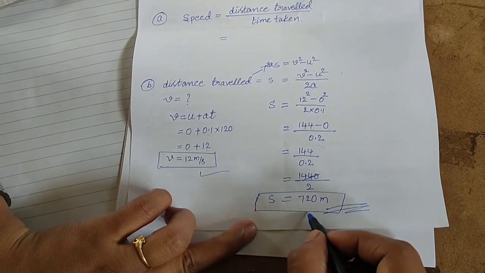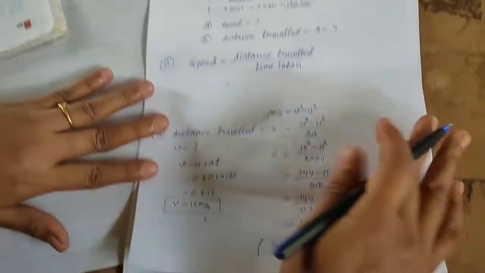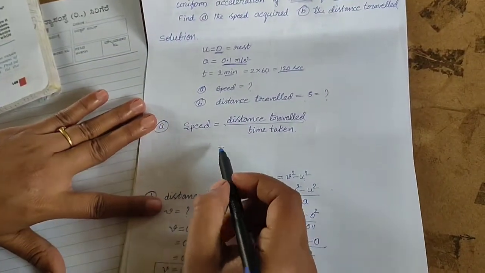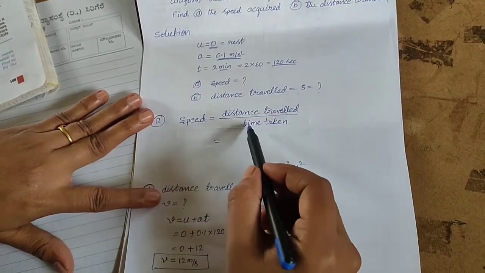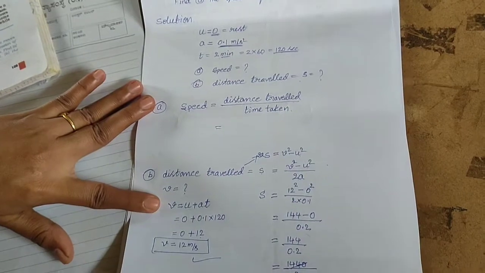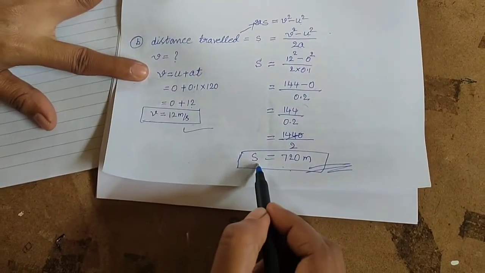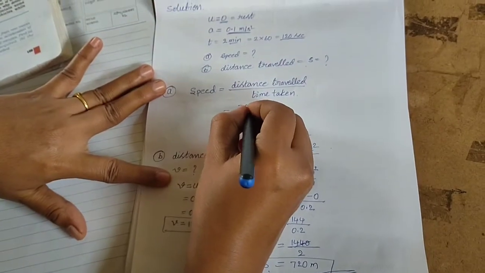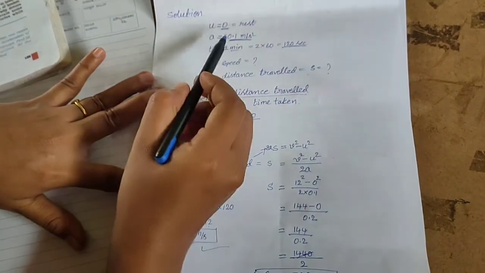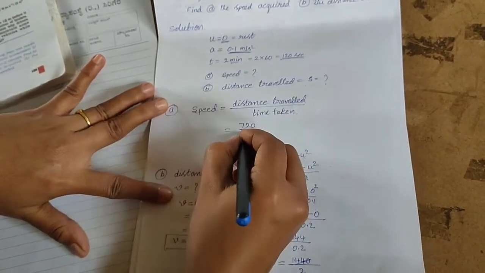By using this distance travelled, now I can find the speed of that object. You know that speed is nothing but the distance travelled divided by the time taken. Distance travelled is 720, time taken is 120 seconds.